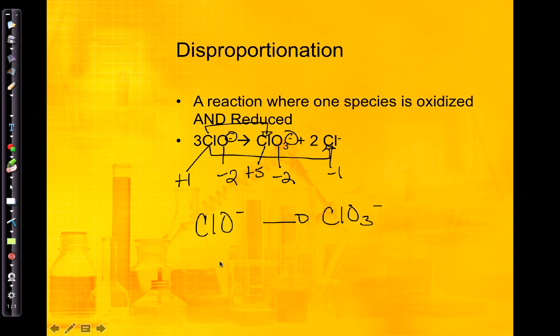And then here, ClO minus also becomes this. So those are our actual 2 half reactions. And again, this is a polyatomic, so I'm not going to pull the chlorine out. If it's part of a polyatomic, you leave it as a polyatomic. So this is just a weird type of redox reaction where something is actually being reduced and oxidized at the same time.